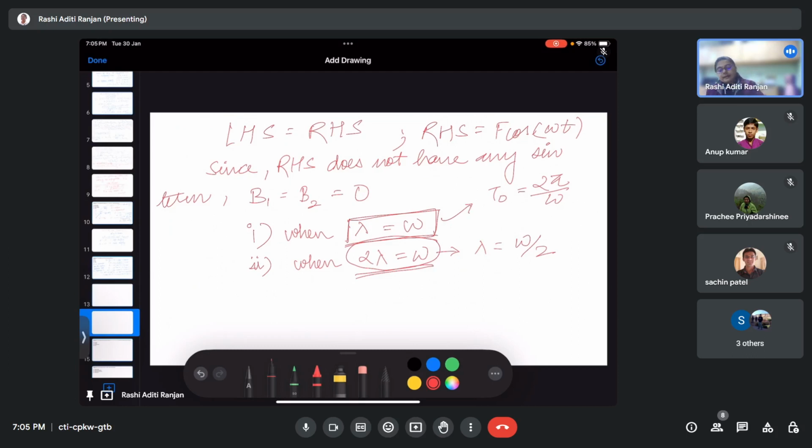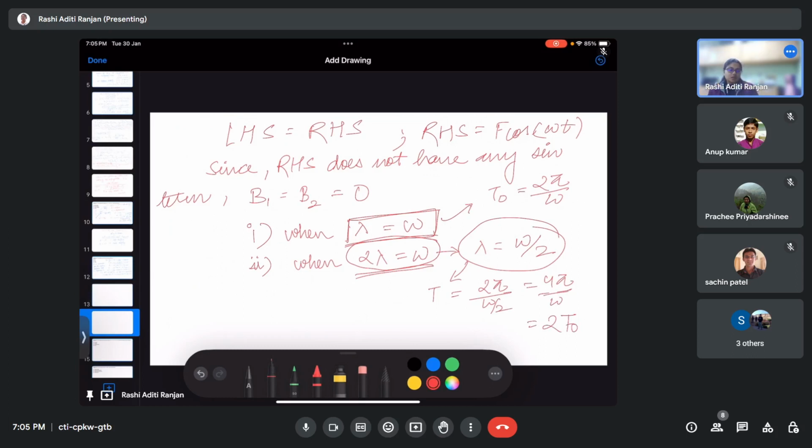In this case, the time period, let us assume it as T, would be equal to 2 pi by omega by 2, which equals 4 pi by omega, which I can also write as twice of T naught.